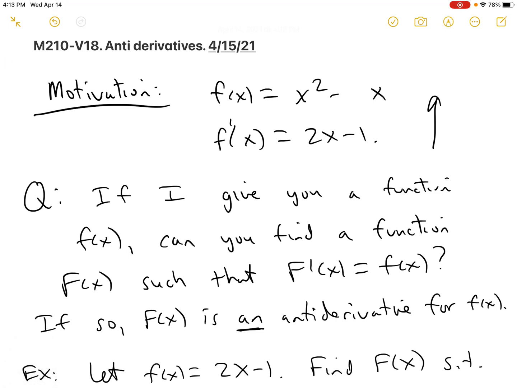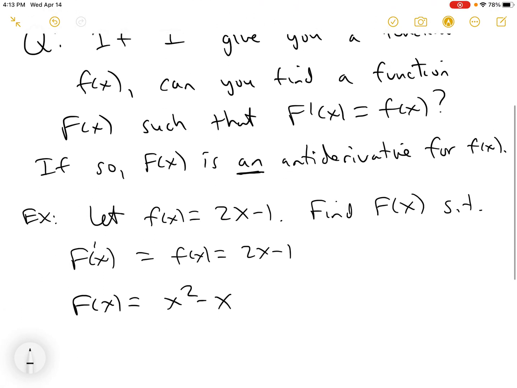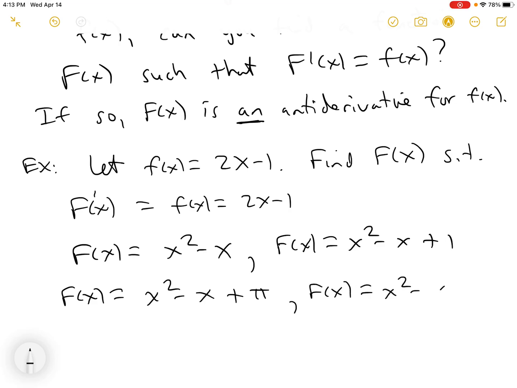Sorry about that. And so that works, right? But, okay, here's another one. That works. If you take the derivative, you get 2x minus 1. That works too. If you take the derivative, you get 2x minus 1. This works, right?